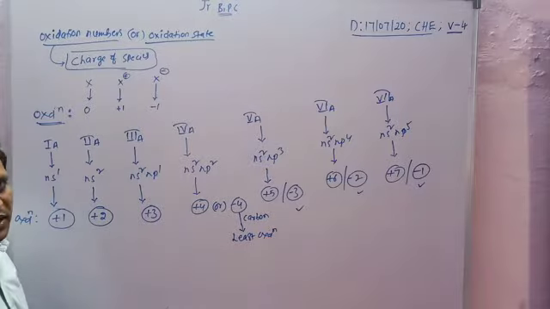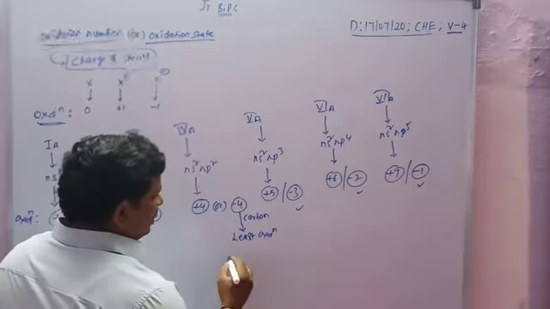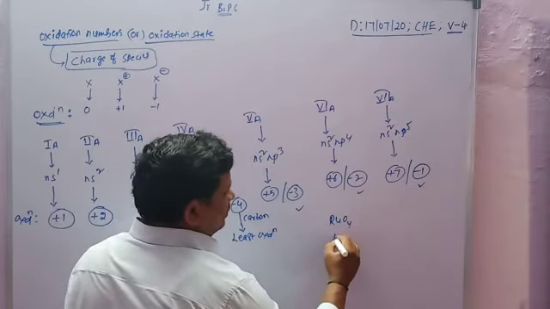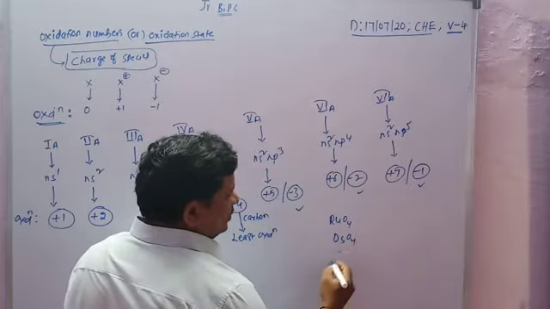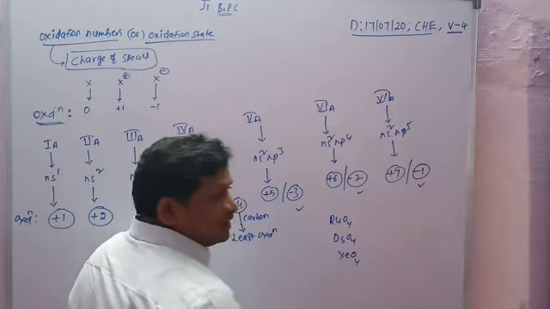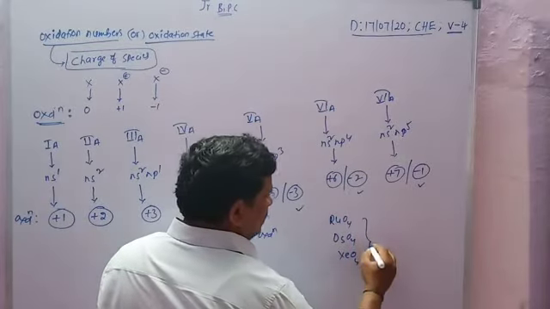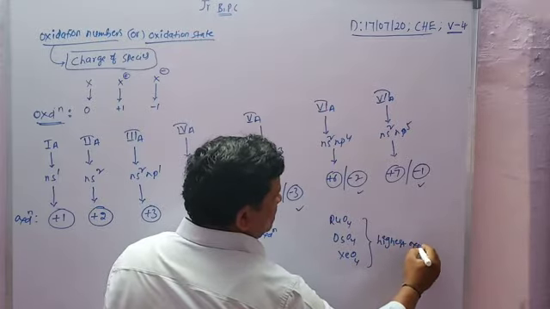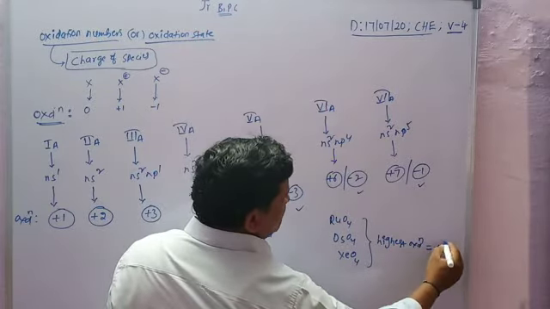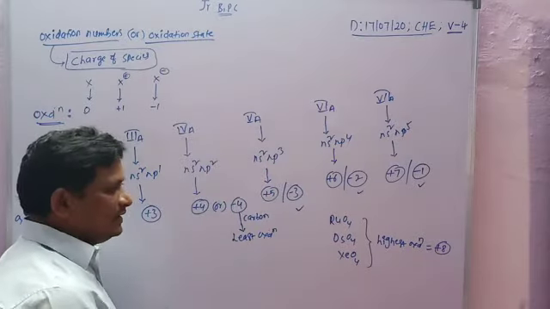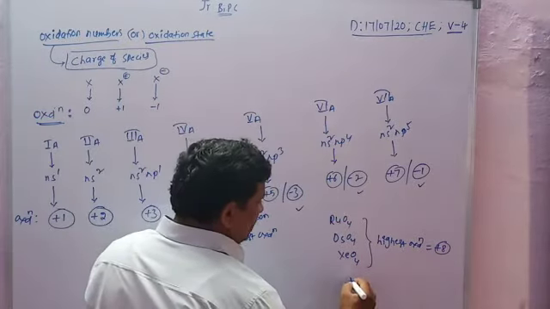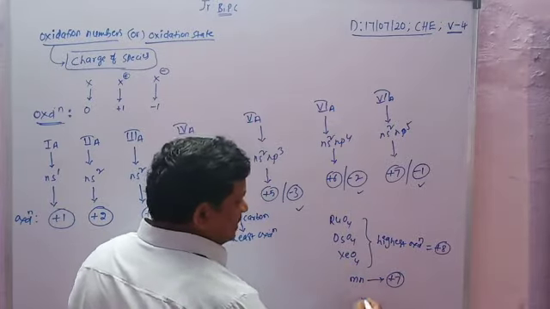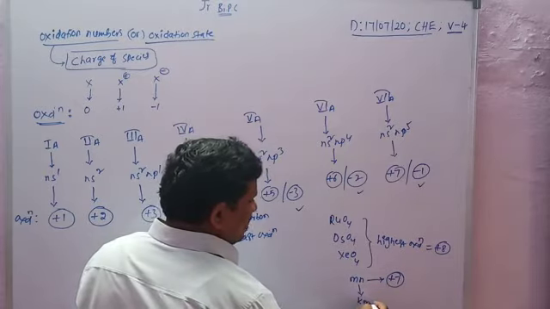Now, ruthenium tetroxide RuO4, osmium tetroxide OsO4, and xenon tetroxide XeO4 show the highest oxidation number, +8. The second highest is shown by manganese, that is +7 in KMnO4.